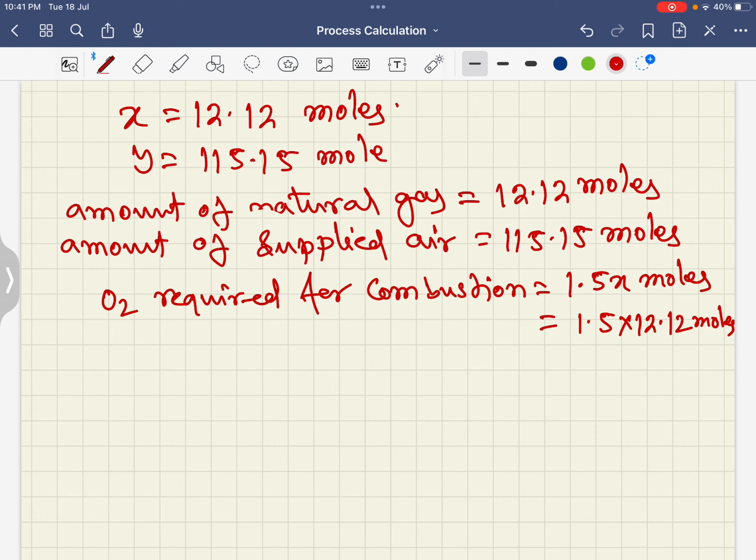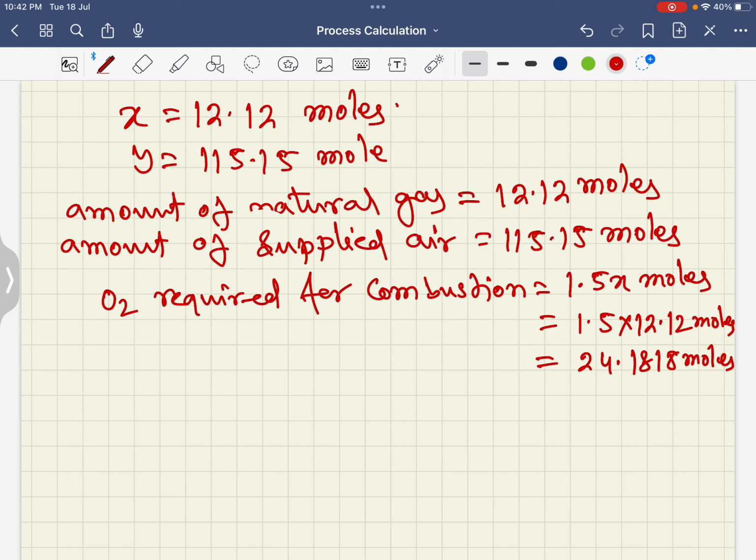So that will be, we can calculate with 1.5. So that will be 24.1815 moles.